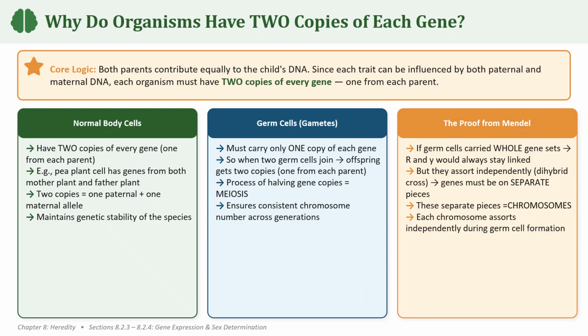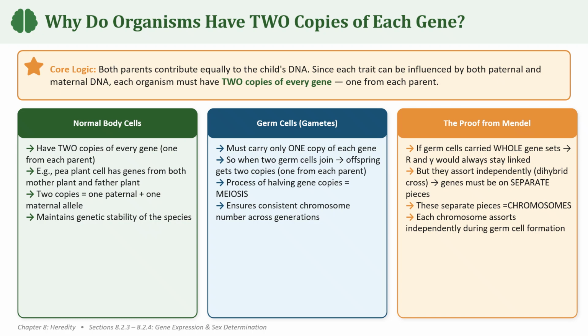Why do organisms have two copies of each gene? Generally, sexually reproducing organisms inherit one copy of every gene from the mother and another copy from the father. So every body cell contains two copies of each gene. This allows the traits from both parents to be inherited and maintains the chromosome number from one generation to the next.